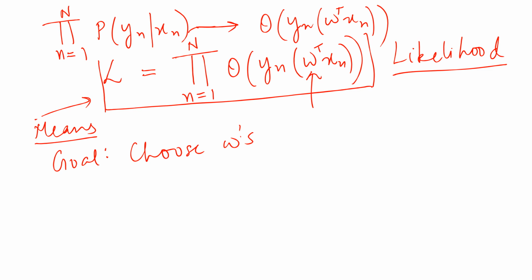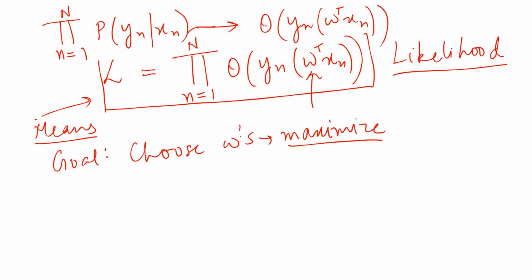If I have a higher probability of obtaining that data, then I'm really close to my original underlying target function. So I have to choose w such that they maximize this likelihood function.